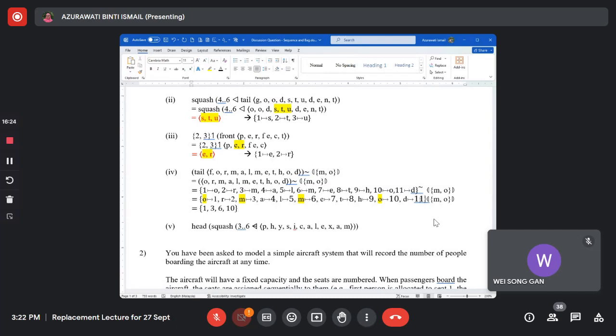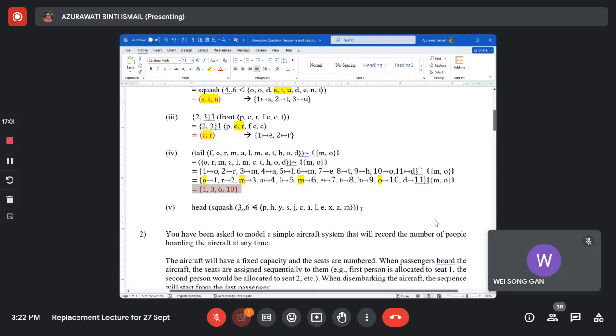That is how you write the answer for this one, because now you are combining with the relational image. The relational image is different, not a sequence anymore, so your last answer will not be inside angle brackets. It must be inside curly braces. So make sure that you know what you are doing inside this question. That is the answer for this part, number 4 here.